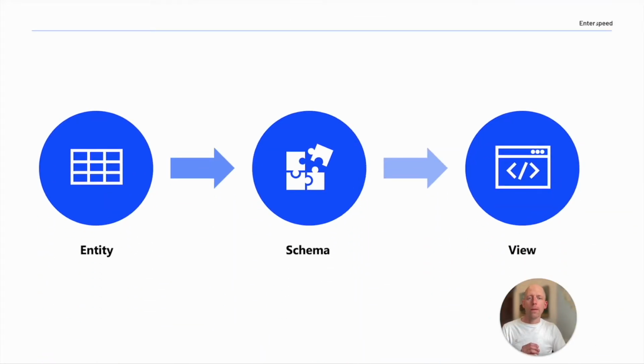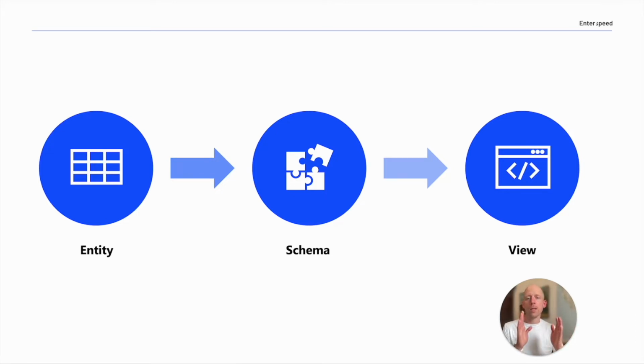Three fundamental concepts in Enterspeed: we have an entity, and we get that from a CMS. So it could be a node in your CMS, a page, sent to Enterspeed, and we store a copy of that. Then we have a schema, and the schema is where you define the data model that you need for your front end.